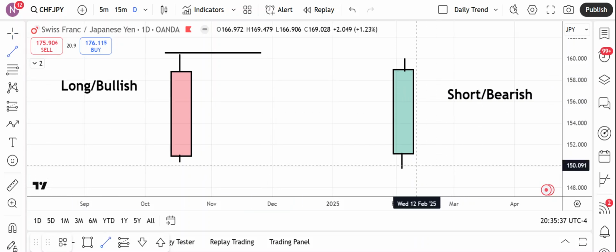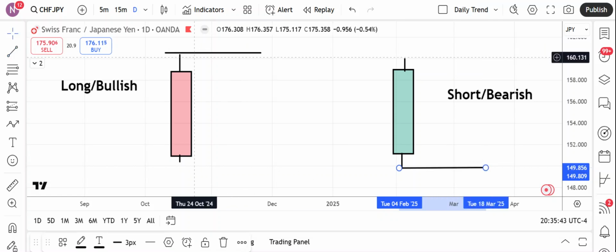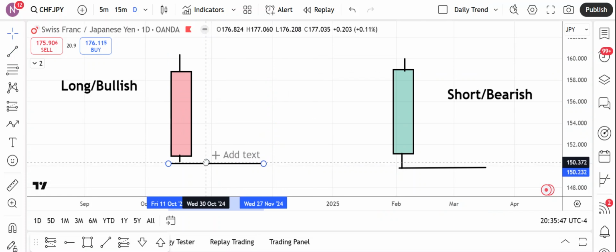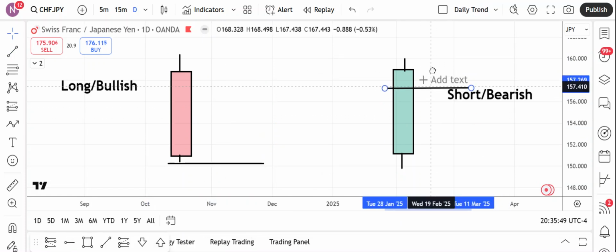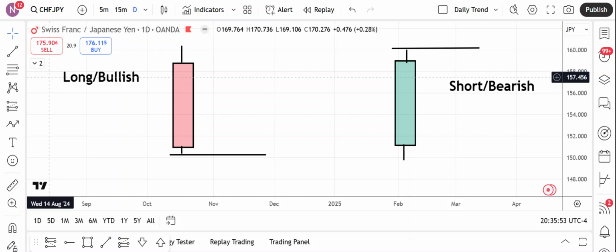Okay, so if we have a short bias, and actually let me flip these. I'm going to put this here and this here. All right, so why am I long? What do I need to see in order to go long? What I need to see is price on the next day.